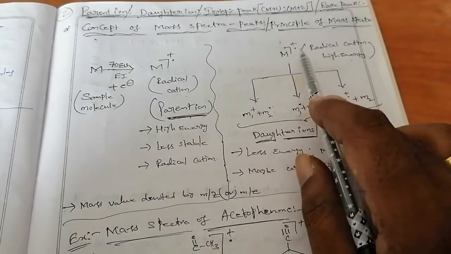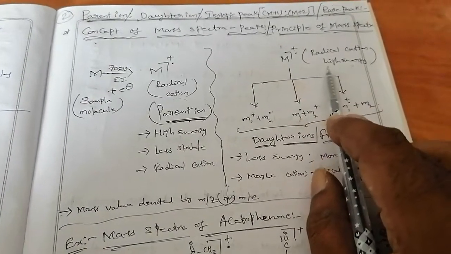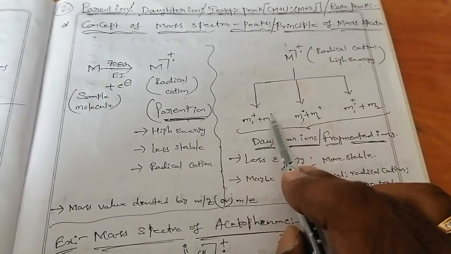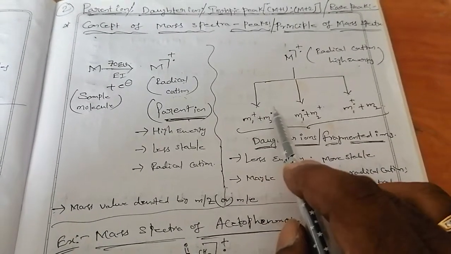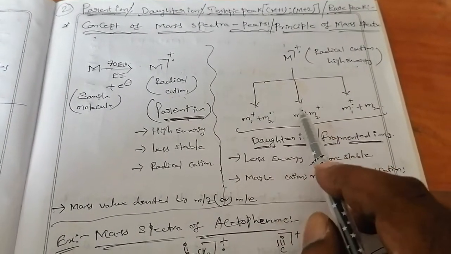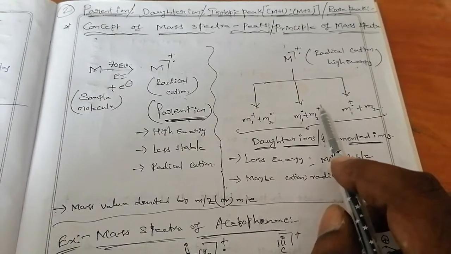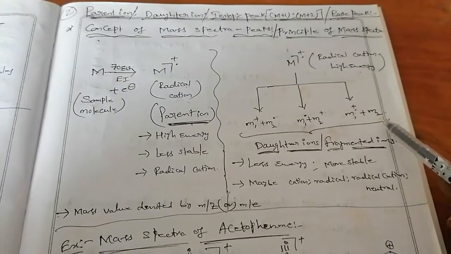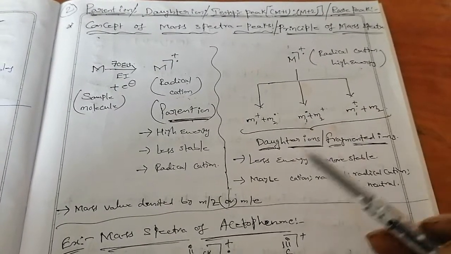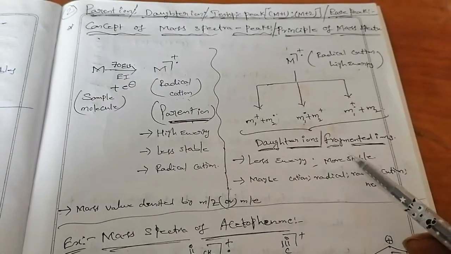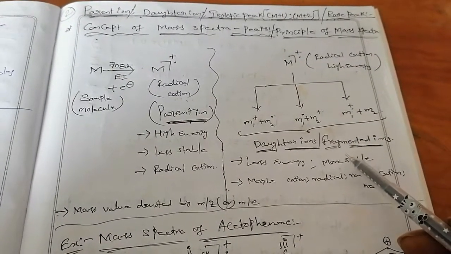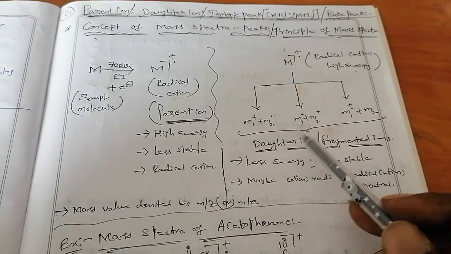So here the parent ion, a radical cation having high energy, further fragments into M1 and M2. Maybe M1 is a cation and M2 a radical, or vice versa, or M1 a radical cation and M2 neutral. These fragmented ions have less energy, so they are more stable, and they are also called daughter ions.